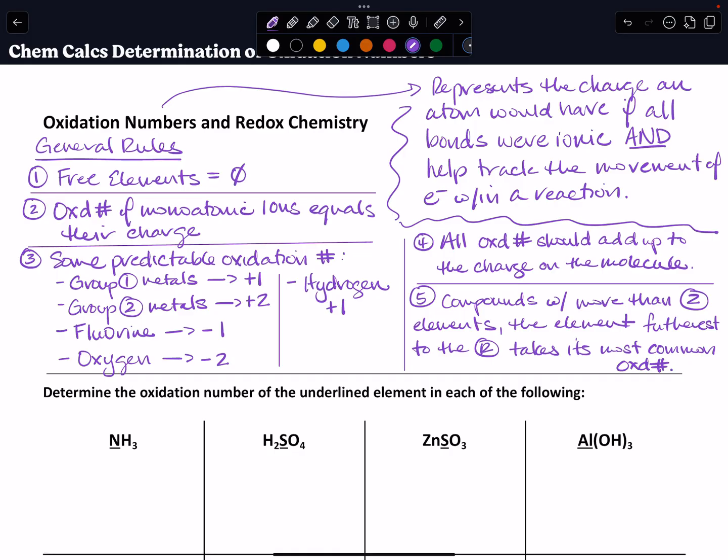This is particularly important for some of our polyatomics where hydrogen is involved as well as oxygen. You'll note oxygen tends to be furthest to the right, so it's going to be -2 in almost all of those compounds. It's just a general rule of thumb. We're going to go through a couple so you'll see how this works.